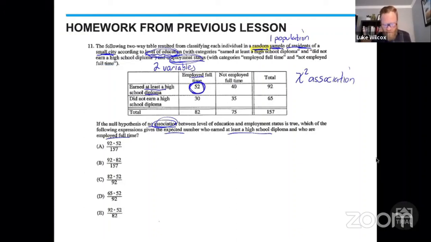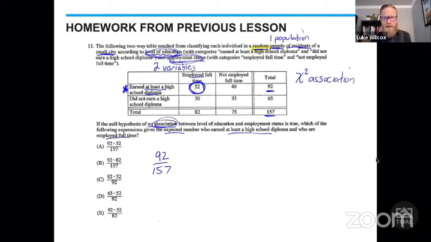Now, if the null hypothesis is true, we should be able to just look at the proportion of the total sample that earned at least a high school diploma. And I can do that by taking the row total there divided by the grand total, 92 out of 157. That's going to tell me the proportion of the sample that earned at least a high school diploma.